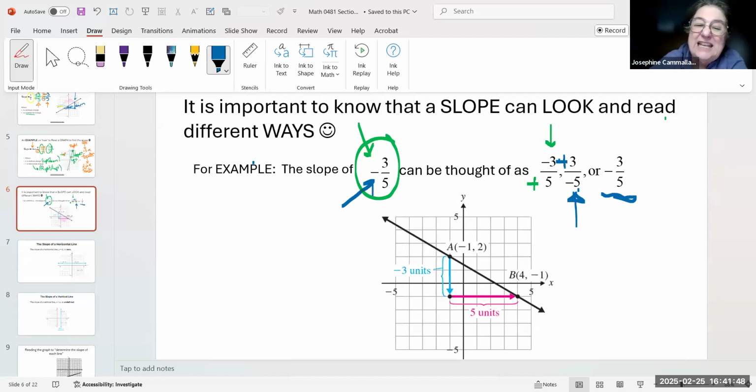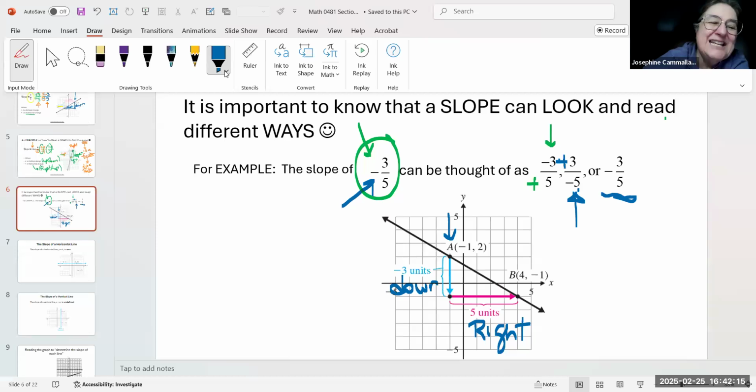And as you see, this time I'm starting with point A. How do I get to B? I am going down because it's negative. And I'm going right to get over to that point.